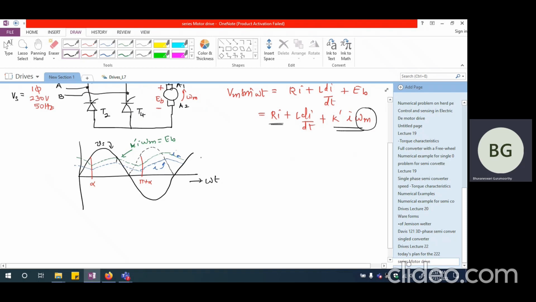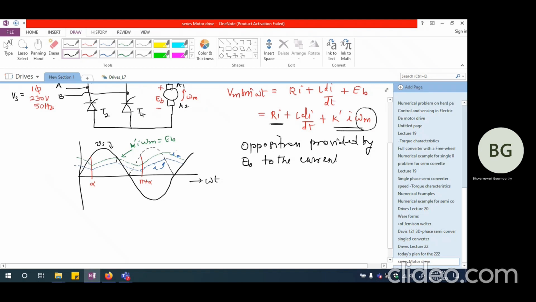So the opposition provided by EB to the current decreases as the current decreases.